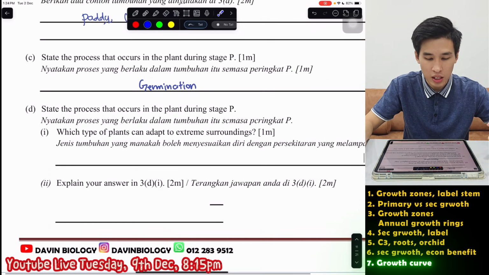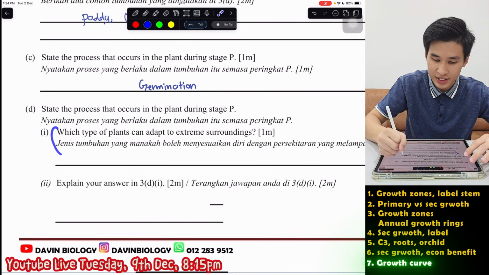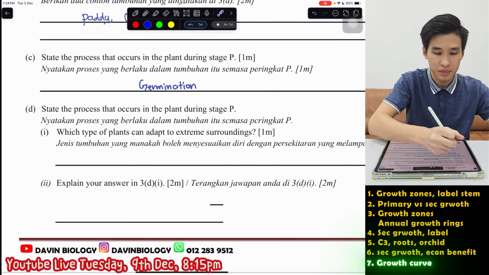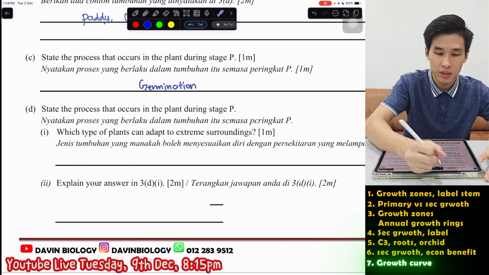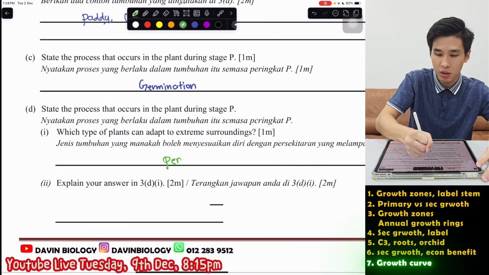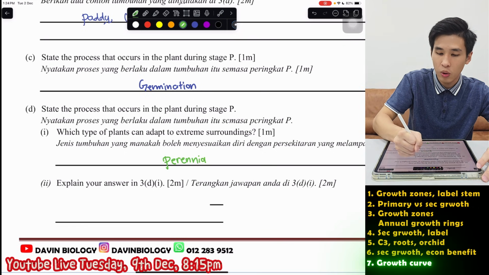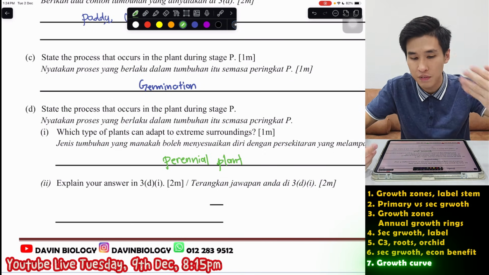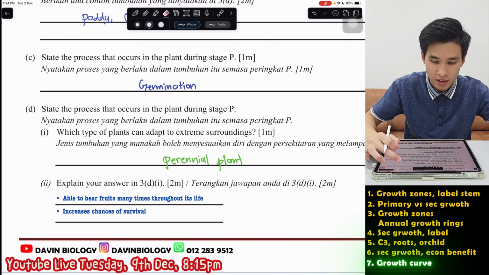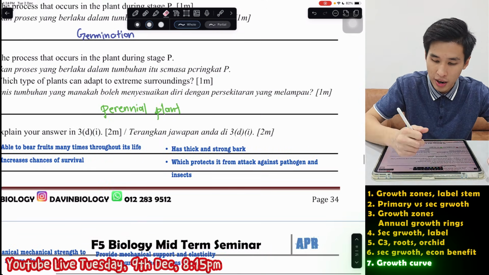And then, okay, they asked a bit of a KBAT question. State which type of plants can adapt to extreme surroundings? Sorry, here, mistake. So out of the three, annual, biennial, perennial, the answer is actually perennial plants. Because remember, they are the only plants that can undergo secondary growth. Just like we mentioned earlier today, secondary growth forms a lot of secondary tissues which benefit them. For example, you are able to form the bark.